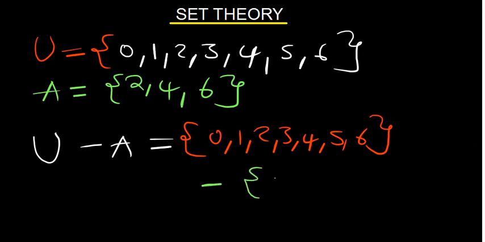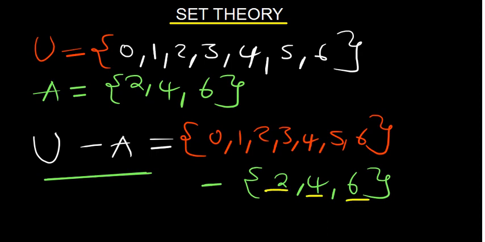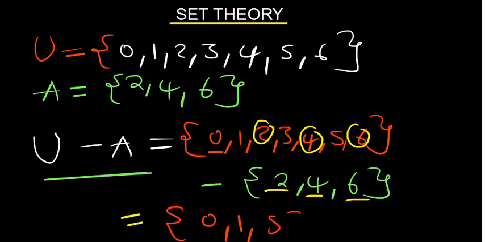Minus 2, 4 and 6. So I've just substituted what we have on our left. Now the interpretation here is you need to exclude these elements from the universal set: remove 2, 4 and 6. What are we going to have? What is going to remain is 0, 1 and 5.